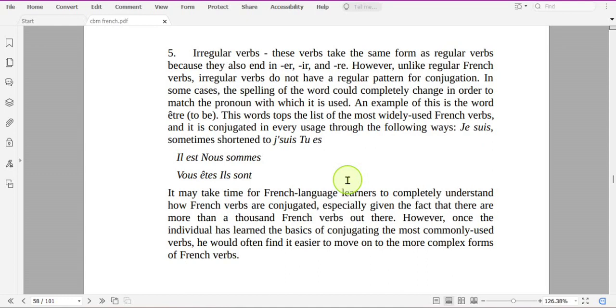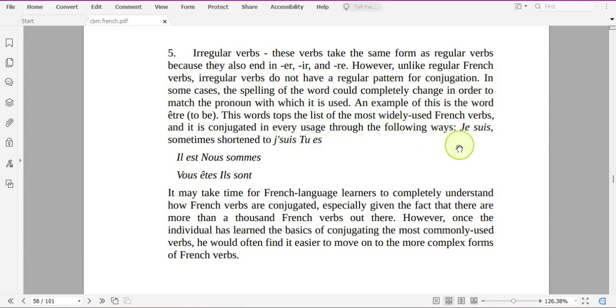Irregular verbs. Before I stop this recording, let me treat irregular verbs. These verbs take the same form as regular verbs because they also end in ER, IR, and RE. However, unlike regular French verbs, irregular verbs do not have a regular pattern for conjugation.